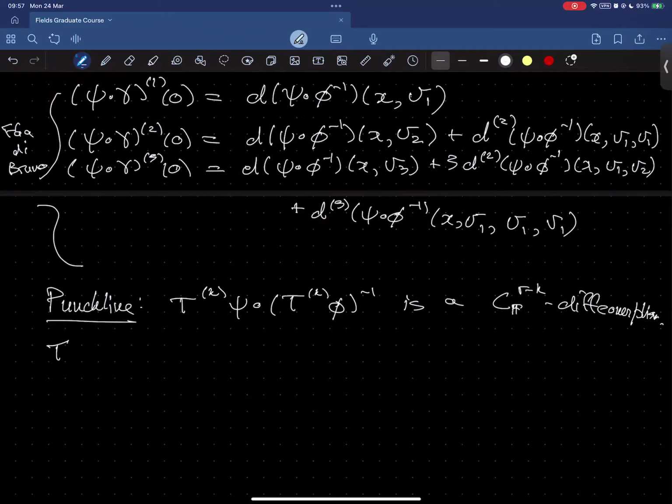Thus T^k A defines a C^(r-k) manifold structure. If the manifold is C^r, its kth order tangent bundle is C^(r-k). So you lose an order of smoothness for every time you have to differentiate to get tangent vectors.